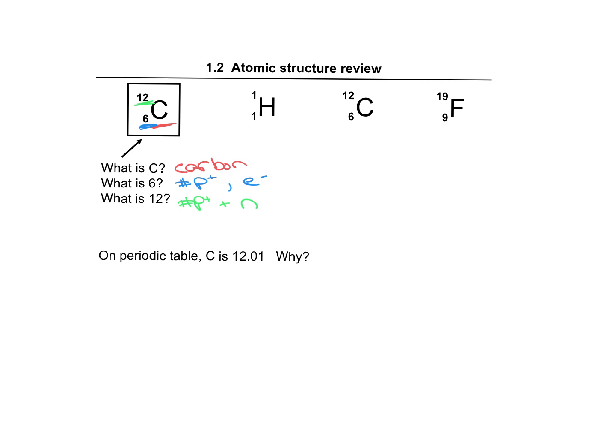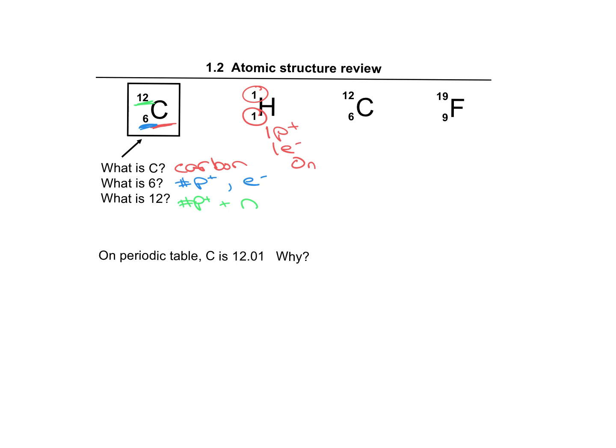So if we look at a few more symbols, here we have hydrogen, and we know based on the atomic number that we have one proton and one electron. And then focusing on the atomic mass, there are no neutrons. So one proton, one electron, and 0 neutrons in this particular atom.